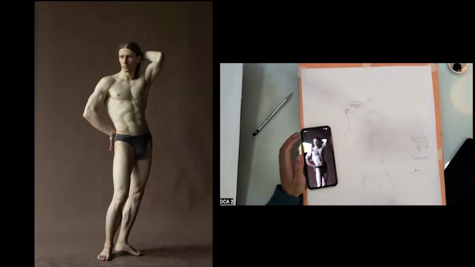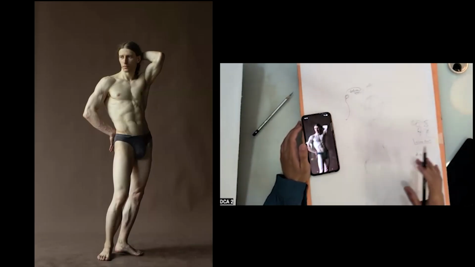So once I'm done with my whole layout, I will try to go a little bit deeper into it. This time I will look at the proportions as well and try to fix certain things. For example, is my head too big? Or is my lower torso shorter or longer than the upper one?